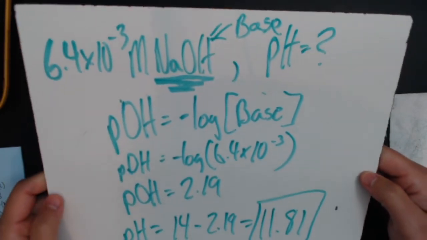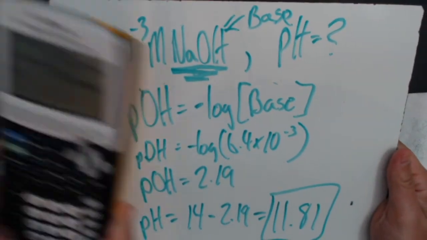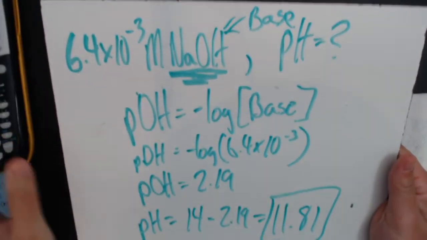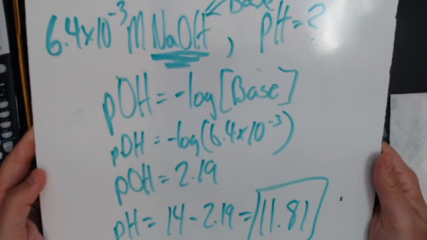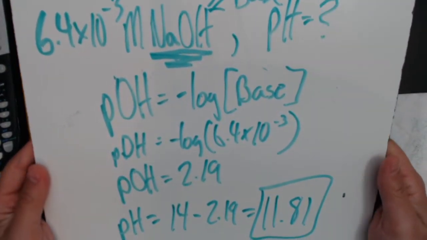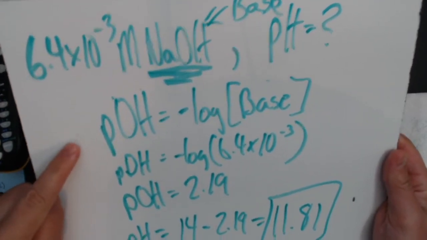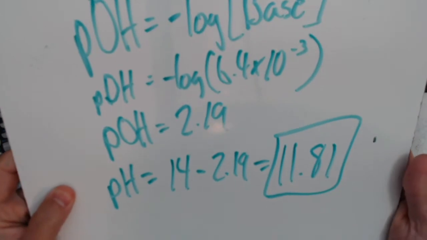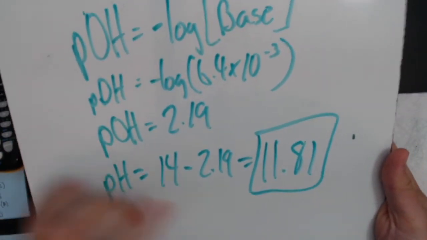You could be using technically the right math, punching the right buttons in your calculator, but you could be solving for the opposite thing of what you're intending to solve for. In this case, taking the negative log of this number gives us pOH, not pH. But once we know pOH, simply subtracting from 14 gives us the pH.